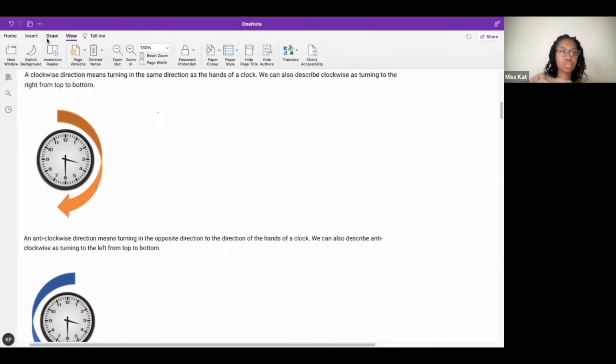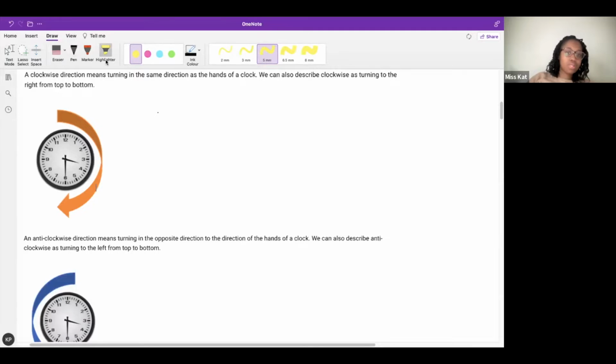Please screenshot this one as I talk. So clockwise means the same way the hands of a clock go. If you're going from top to bottom, you're turning right. And anti-clockwise is obviously the opposite direction, so from top to bottom, you will be turning left.